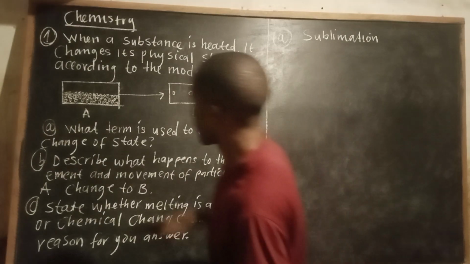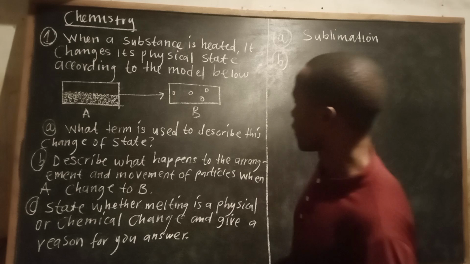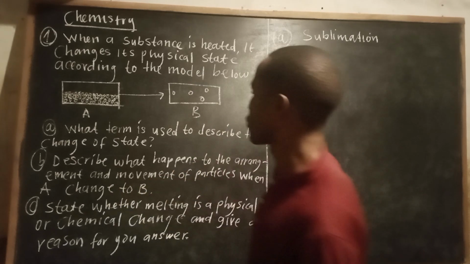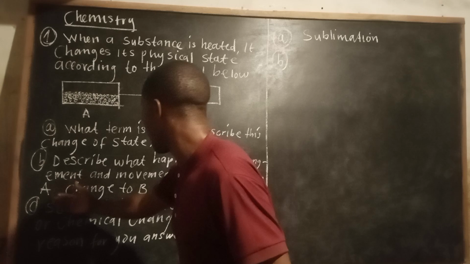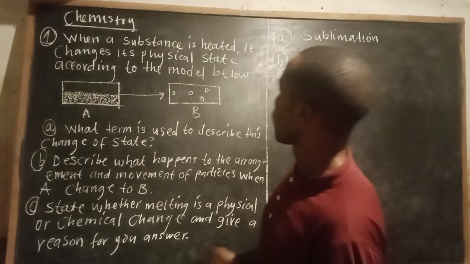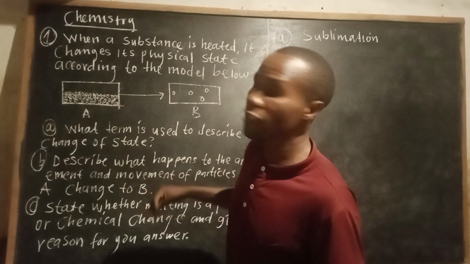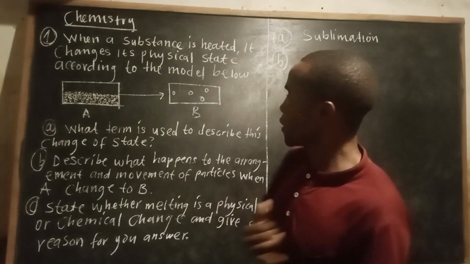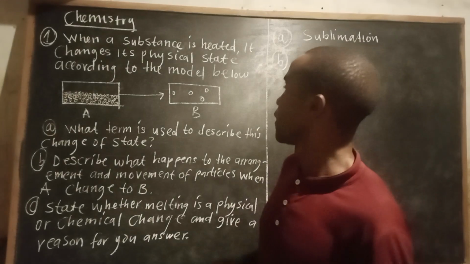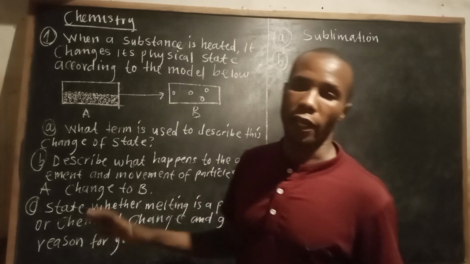Okay, quickly let's go to the next question, which is B. Describe what happens to the arrangement and movement of particles when A changes to B. What happens is that when you heat this substance, either iodine or ammonium chloride, these particles will fall apart.